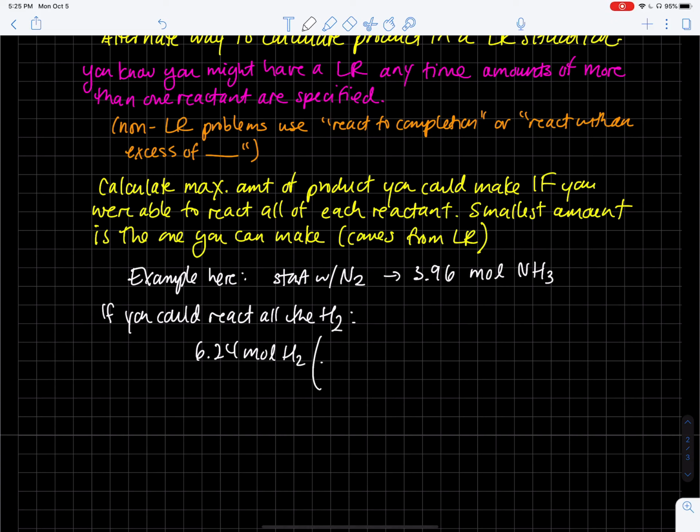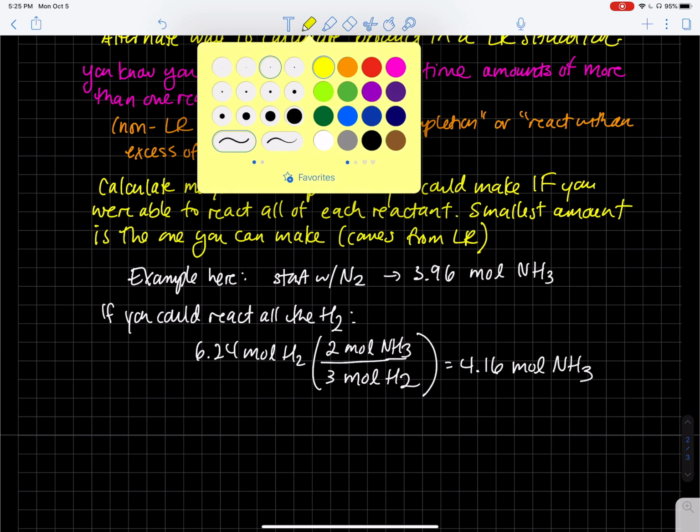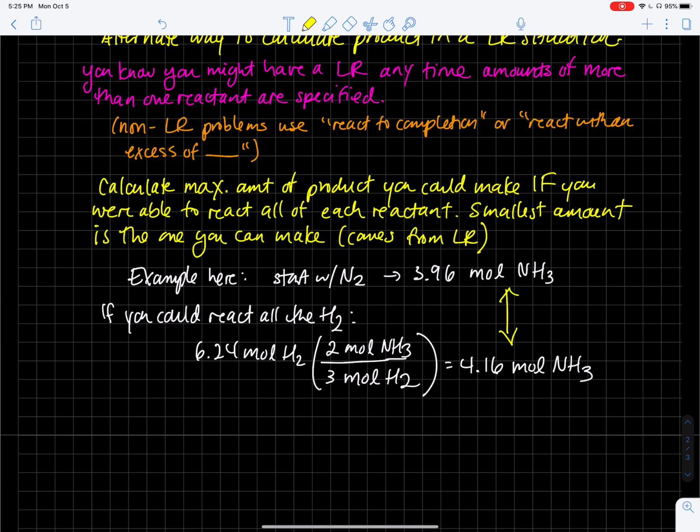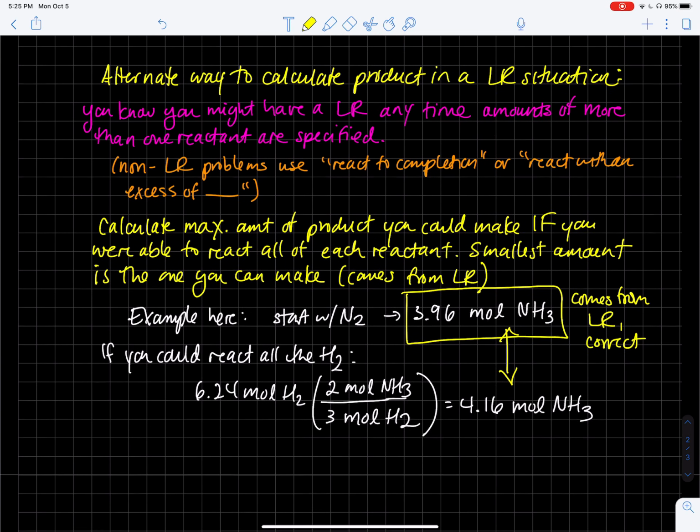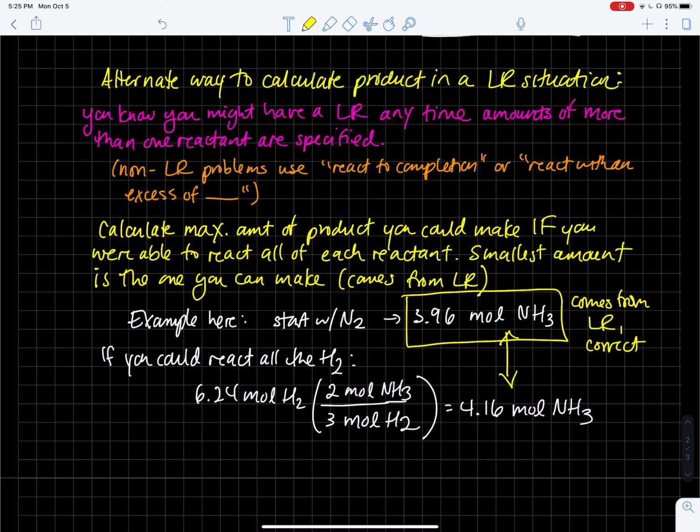If we had enough N2 to react all of it, we would get this much ammonia using the mole ratio between ammonia and hydrogen, and we would end up with 4.16 mole ammonia. So in this case, you compare the two, and the one that's smaller comes from the limiting reagent, so 3.96 is correct. All right, and anyway, you can do this whatever way makes sense to you. They all give you the same answer.